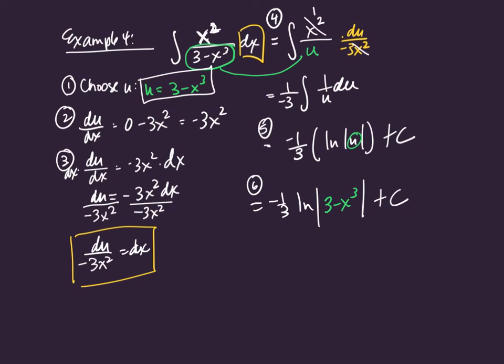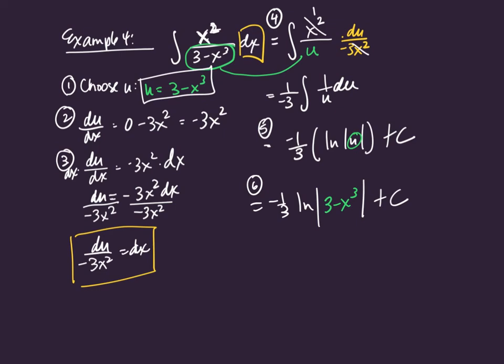Okay, so again, follow the steps. Choose a u, find its derivative, solve for dx, substitute out what you chose for your u and your dx, clean things up, and everything else then is just an integrate and substitute back again.